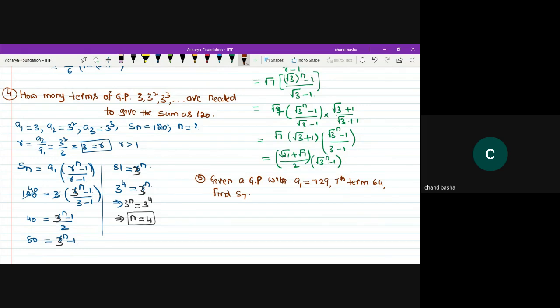So he has given the first term. We require the common ratio, but the seventh term is given to you.